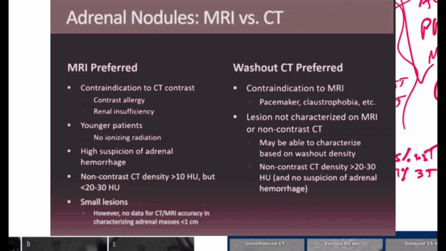Also, when the non-contrast CT density is more than 10 HU but less than 20 to 30 Hounsfield units, these are indications for MR imaging. Washout CT is preferred when the non-contrast CT density is more than 20-30 HU and there is no suspicion of adrenal hemorrhage. Whenever there is suspicion of adrenal hemorrhage, MRI is preferred.